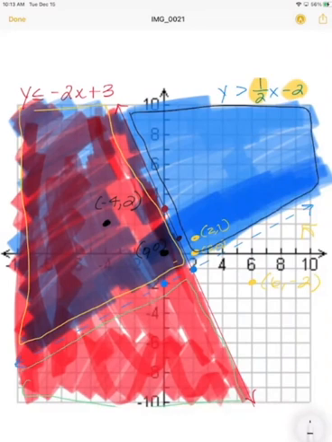We are looking for the blue and red, the overlapping areas. As always, when you are not quite sure, you can take these ordered pairs that I have chosen and substitute them into your inequality to make sure that they are true.